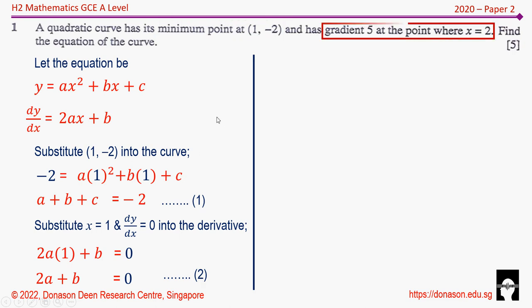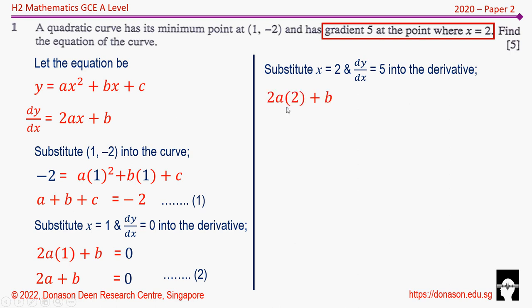Now let us go for the third equation, because a, b, c are 3 unknowns, so definitely we need 3 equations if we would like to solve it. So again, the gradient is 5. That means dy/dx is 5 where x is equal to 2. So we can take x equals 2 and dy/dx equals 5 and substitute into the expression for the first derivative.